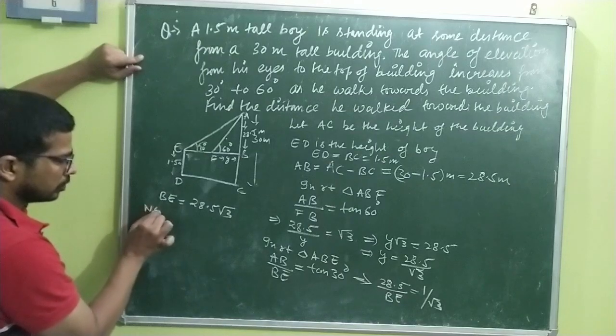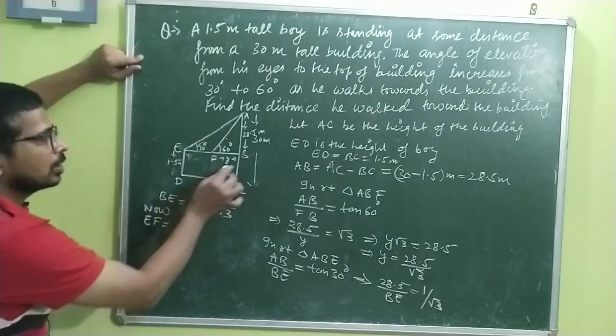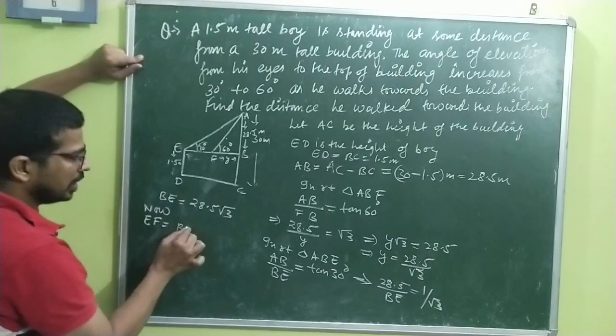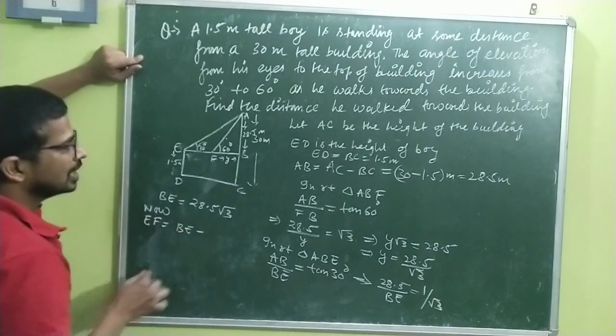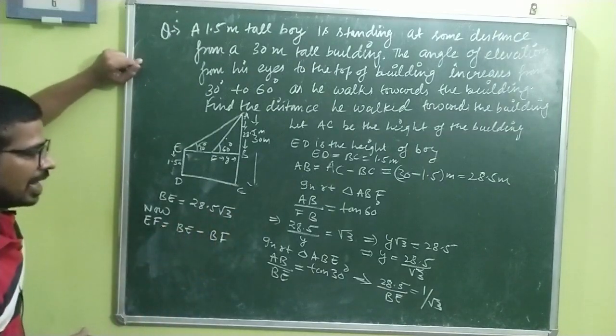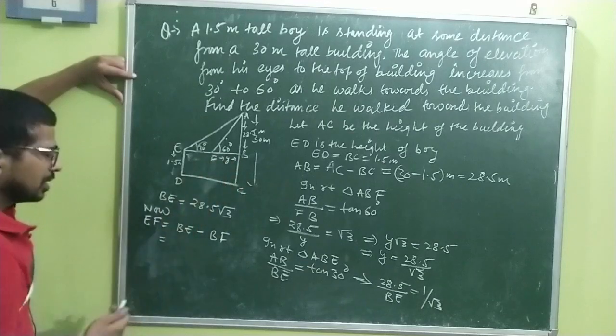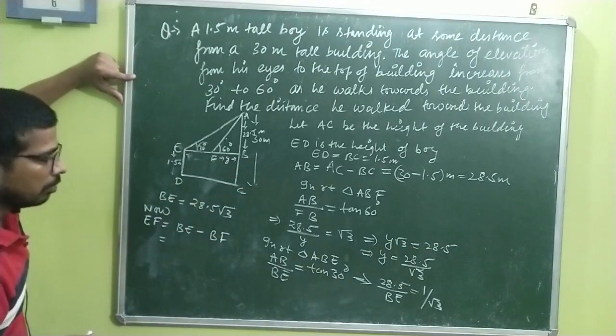So now EF will be equal to BE minus BF. Why I have taken Y? Instead of Y, we could also have written the name, that is not a big issue.